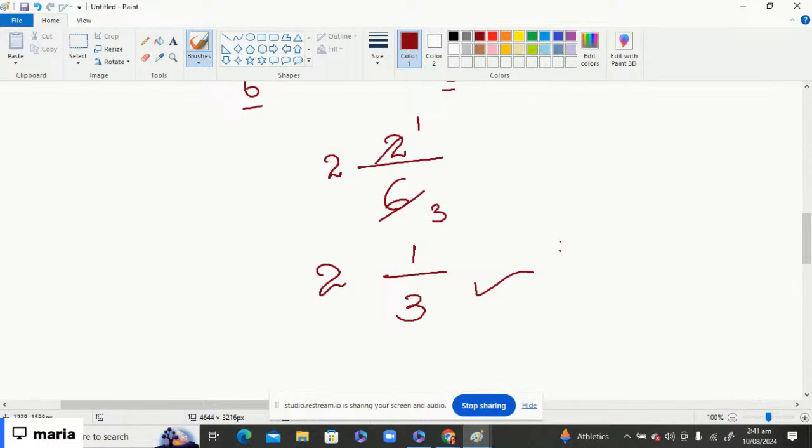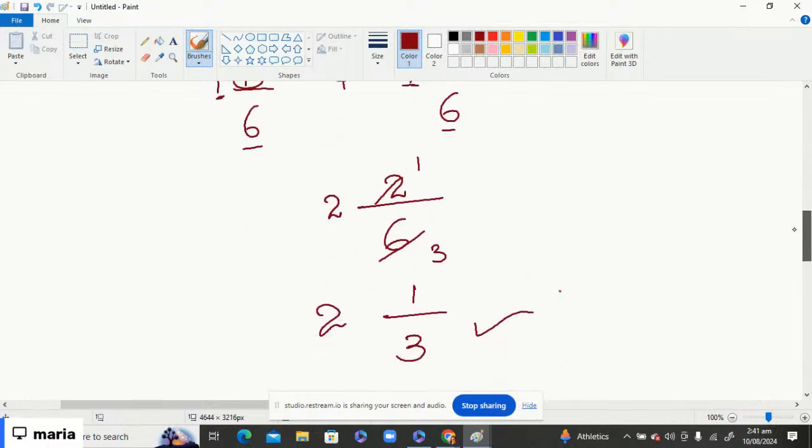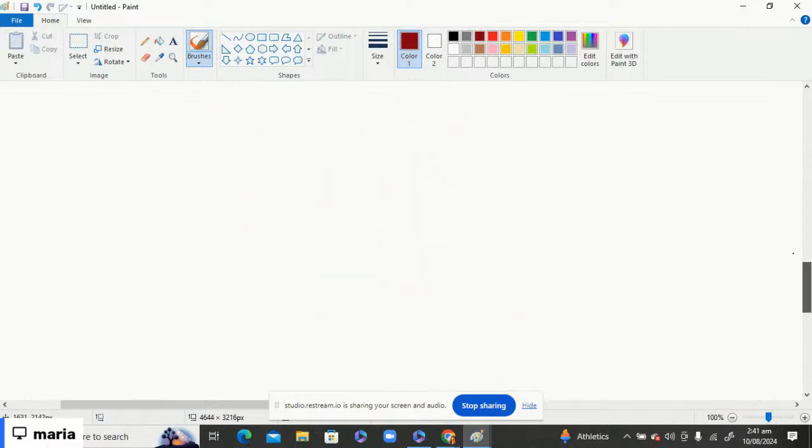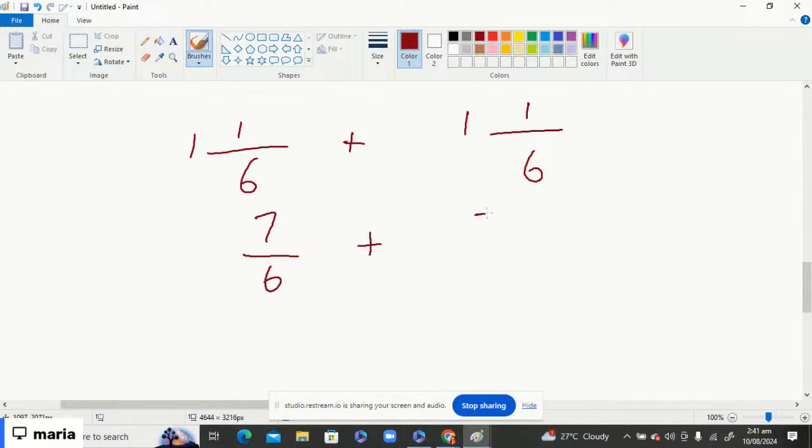Otherwise, if you are not able to get this method, we are also going to use another way. 1 into 1 by 6 plus 1 into 1 by 6. First, convert into simple fractions. 6 times 1 is 6, plus 1 is 7 by 6, plus the same 7 by 6. Only add their numerators: 7 plus 7 is 14, and put the denominator as it is.